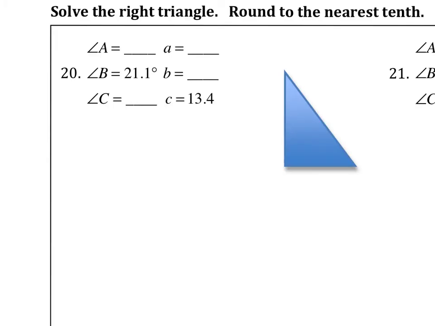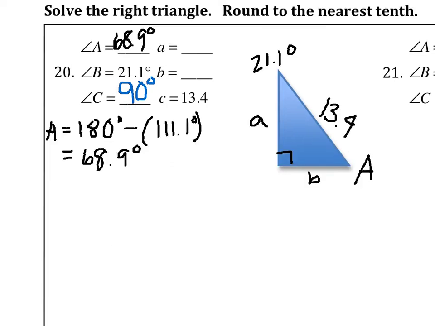Okay, so now we're going to take a look at problems that deal with solving the right triangle. The first thing we know right away is that our right angle is angle C, and this triangle is really given to us. If we want to draw around it, just so we can know exactly what we're looking for and what sides are opposite, hypotenuse, and adjacent.